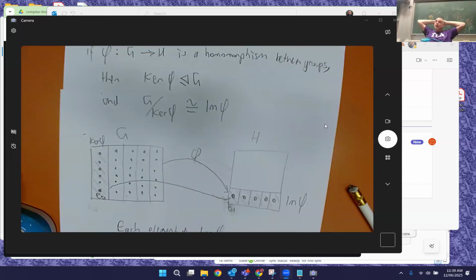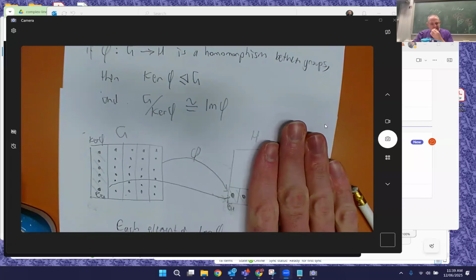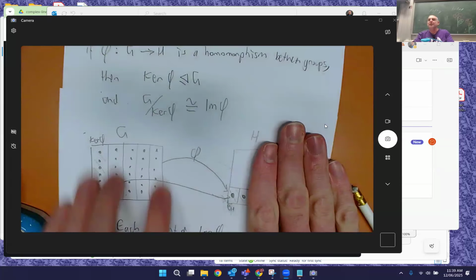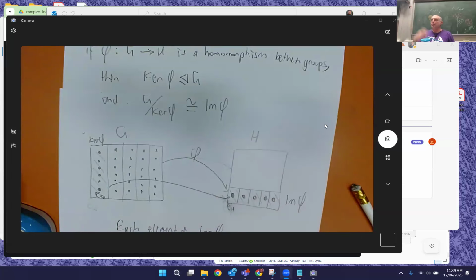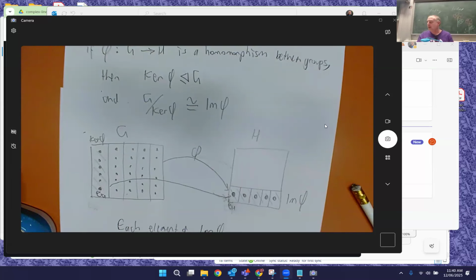But it's also totally possible for H to be smaller than G and end up with only two cosets here because there are only two points here. So if H is smaller, the cosets are bigger. There are fewer cosets, so the smaller H is, the fewer cosets there can be, which makes the cosets bigger.